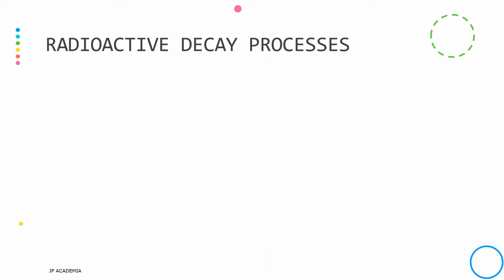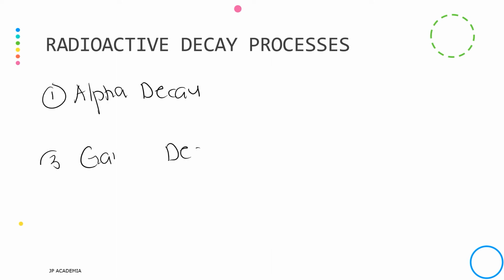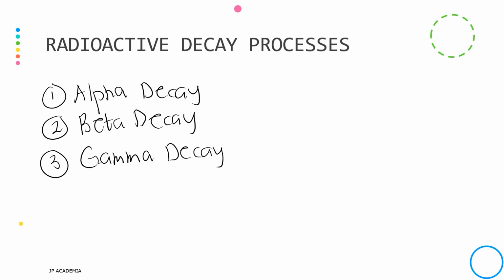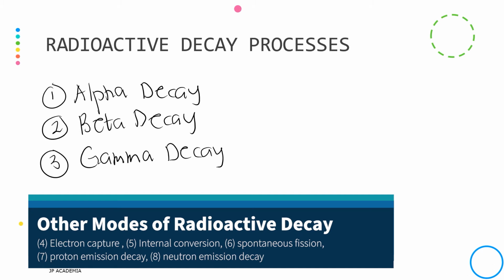There are three processes of radioactive decay: alpha decay, beta decay, and gamma decay. There are other types of radioactive decay modes, such as electron capture, internal conversion, proton emission, and others. I will make a separate video about those decay modes later.